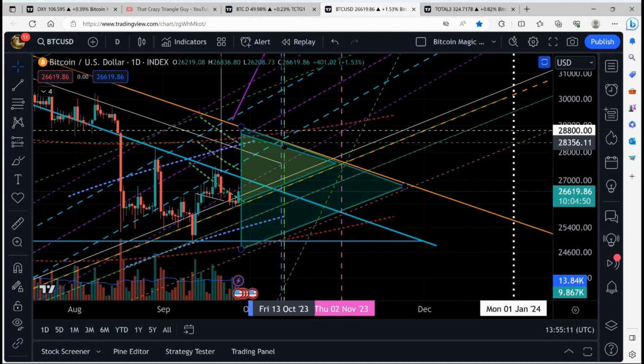Probably stay below that, waiting on confirmation of spot ETF or not.